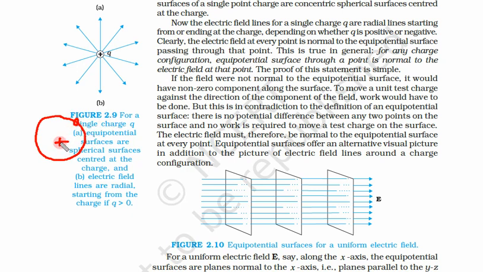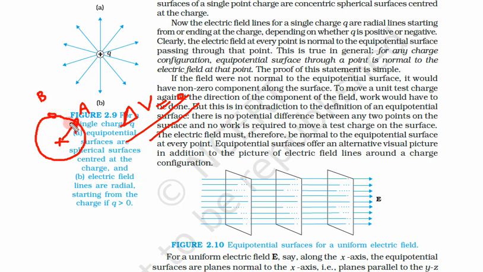There are two ways to prove this. Let this charge be on this portion, and if we move it from point A to point B, since this is an equipotential surface, the potential must remain the same. Potential will not increase or decrease. That means delta V should be equal to 0. But if there is any electric field, then there must be some work done.